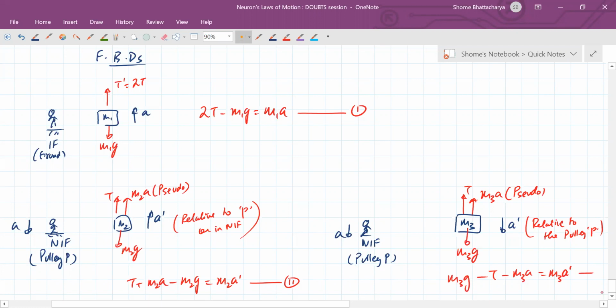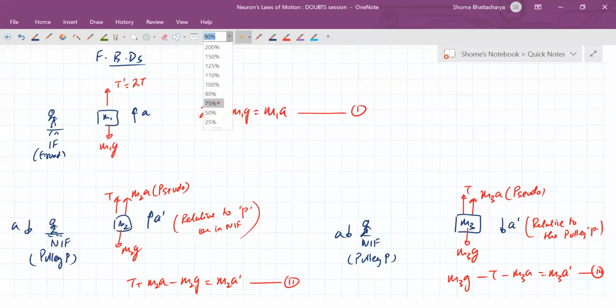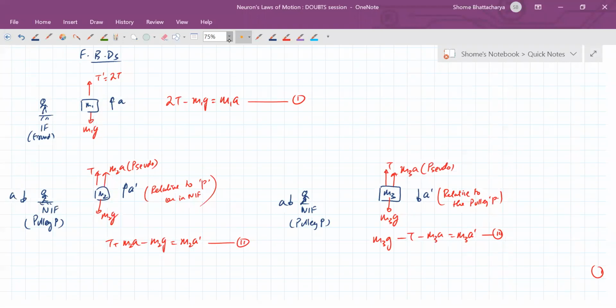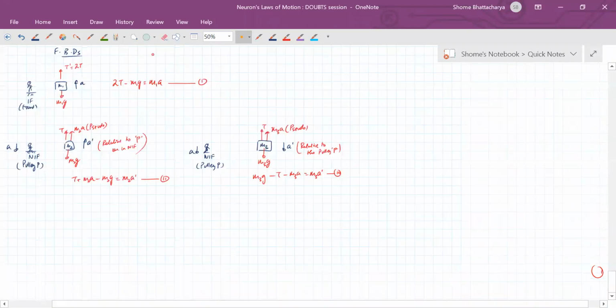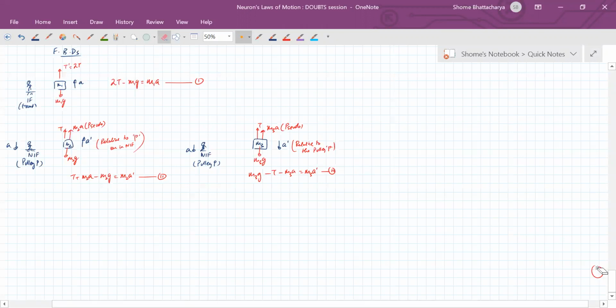So this is becoming my third equation. So now we have to solve these three equations to find out a. Okay, understood this. So just go through this and absorb this information first, and then we can look at remaining things later.